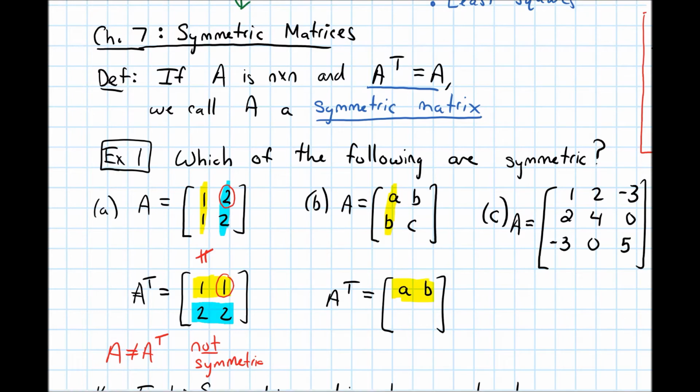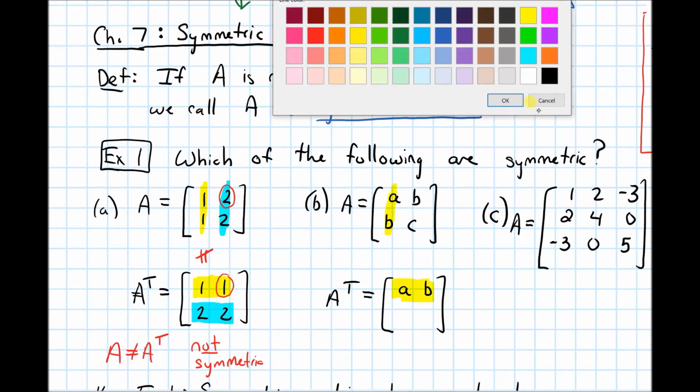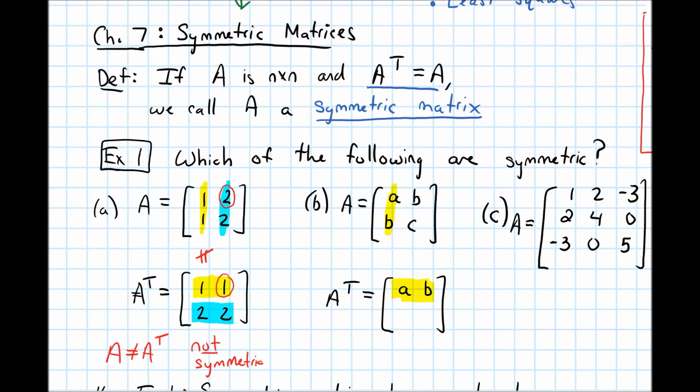And the second column of A becomes the second row of A transpose, so I'll have B, C. If we look at these two matrices, they are identical, because I still have A, B in the first row and B, C in the second row in the exact same order. So in this example, A does equal A transpose, so this matrix is symmetric.